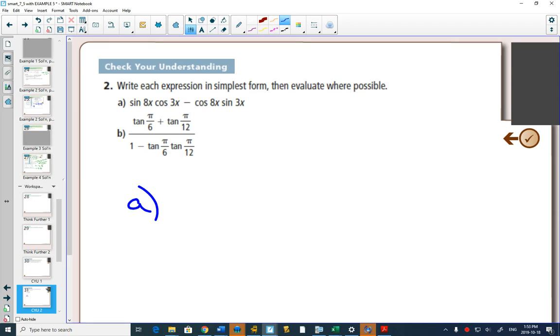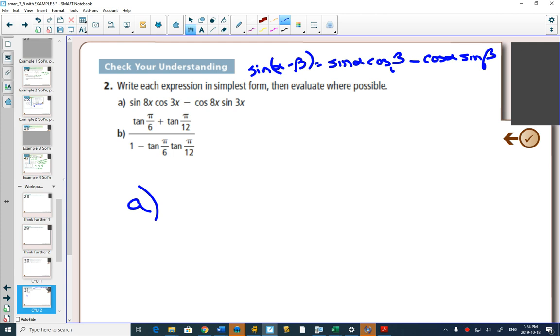And then you look at your formula sheet and say, which one is it? Which one has sine cos minus cos sine? The very first one. On your formula sheet, you have sine alpha minus beta equals sine alpha cos beta minus cos alpha sine beta.